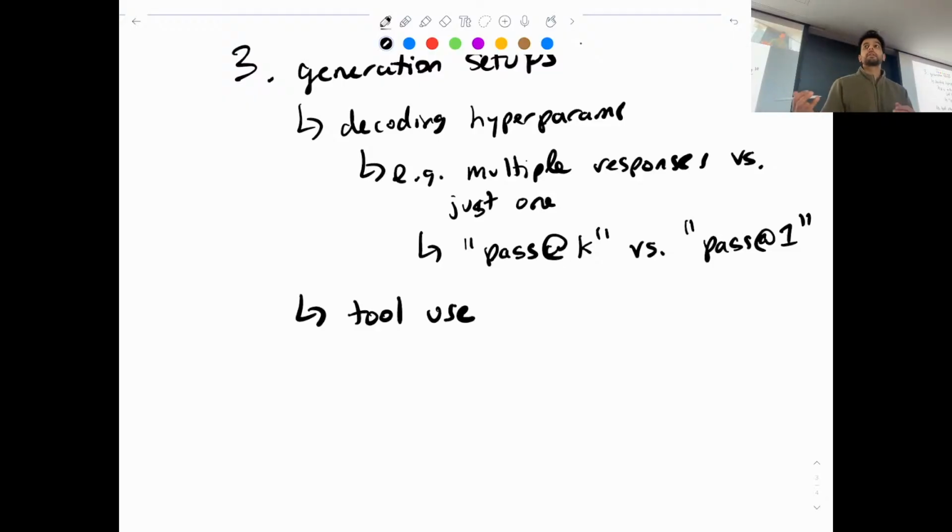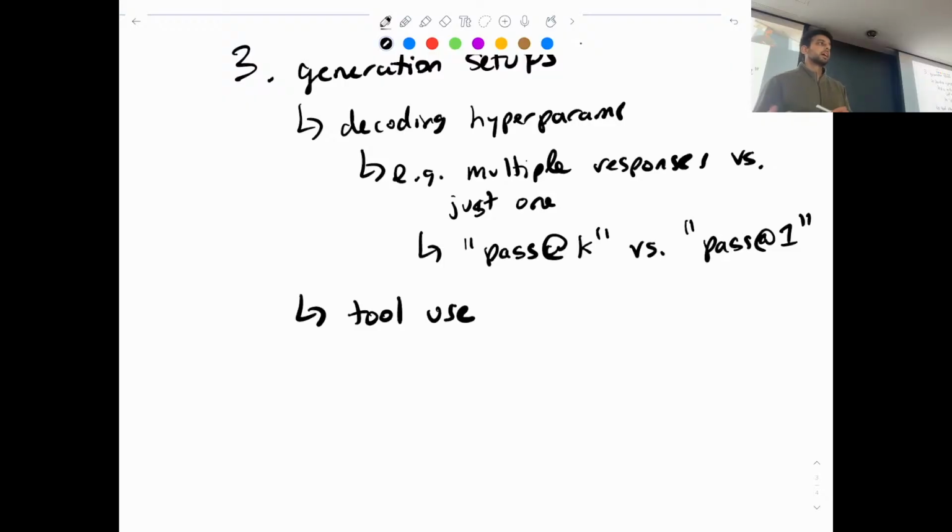Okay. Other things to consider here, tool use is something that we will talk about in the next class when we're talking about agents. So far we've just talked about language models as generating text, and they receive a prompt, they generate some text, and that's that. We do something with that text. But nowadays it's more complicated than that.